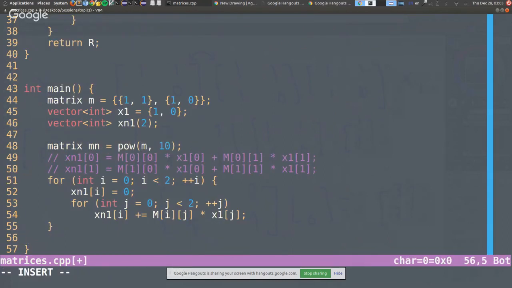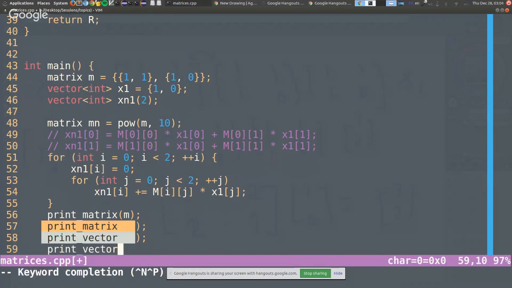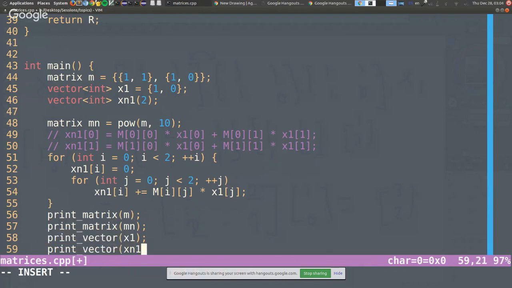Here we have it, and then we can print. Let's say we print the matrix, and the matrix to the power of n, and x1 and xn. So we can say matrix n. We print the matrices, and the vector x1 and the vector n plus 1.